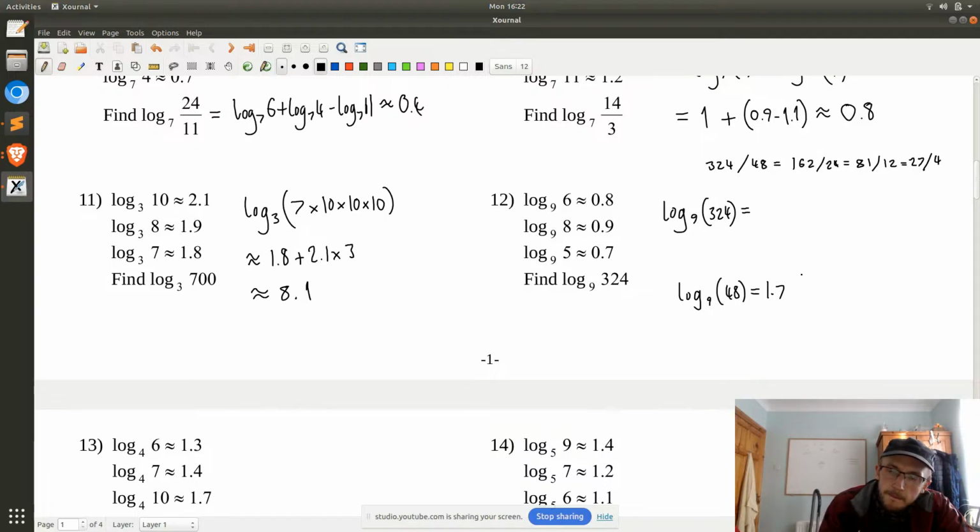And then, yeah, look, 324 is 2 squared times 3 to the 4, is it not?